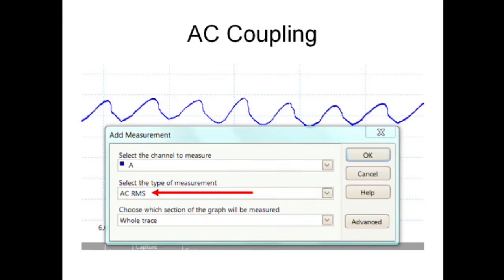You can leave it in DC coupling when you are looking at rush-in current and when you are looking at stabilized current flow, but when you look at trying to figure out the speed of the pump, and really when you're trying to look at pattern observation for problems, you want to use the AC coupling on your lab scope.